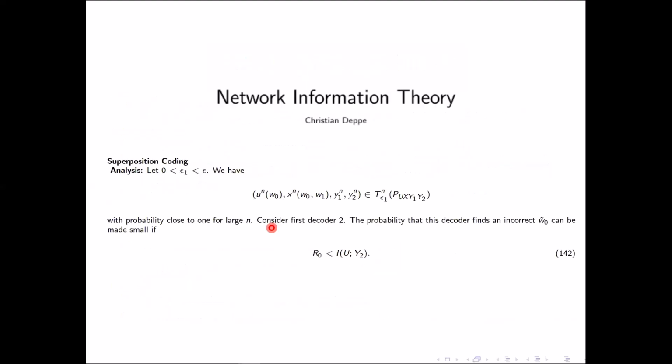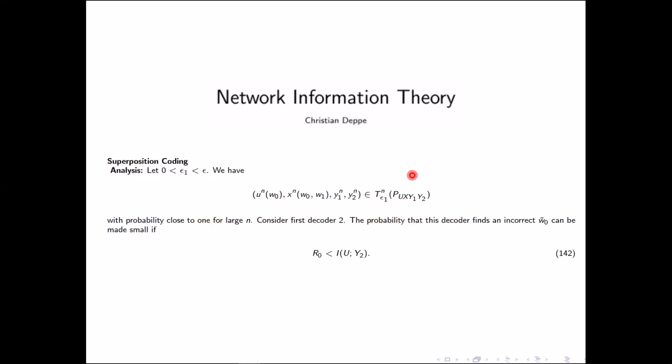So it is very simple for decoder 2. We have, of course, that u^n(w0), x^n(w0, w1), y1^n, y2^n are jointly typical with respect to u, x, y1, and y2 with probability that goes to 1 for very large n.